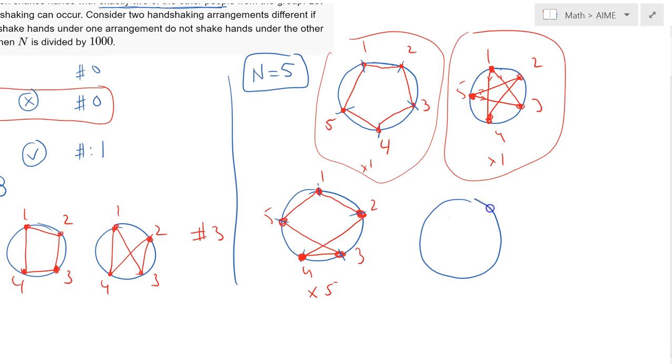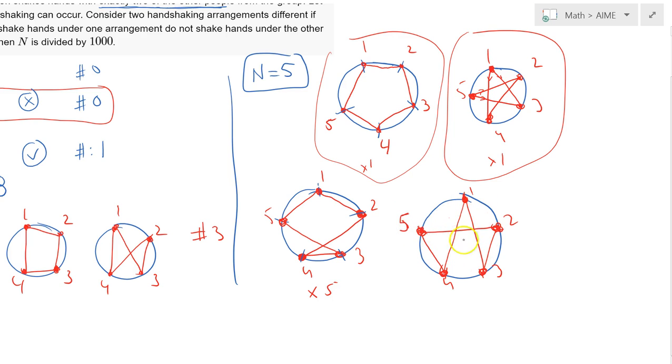Okay, and finally you can have the following situation going. So we have again the vertices 1, 2, 3, 4, 5, 1, 2, 3, 4, 5. So one would, instead of shaking hands with its 2 neighbors, go out of your comfort zone and reach out to the other side of the table and shake hands with the other 2 people opposite you, and then they shake hands with also their neighbors, and then 2 and 5 will shake hands.